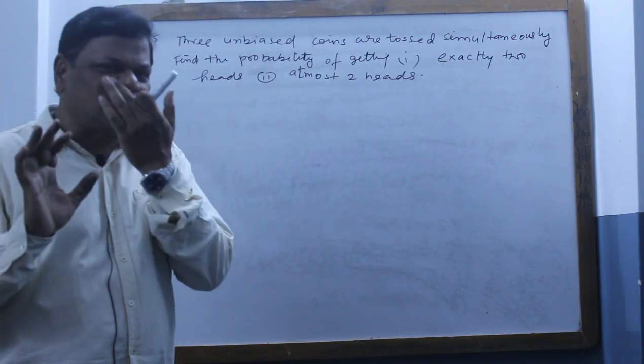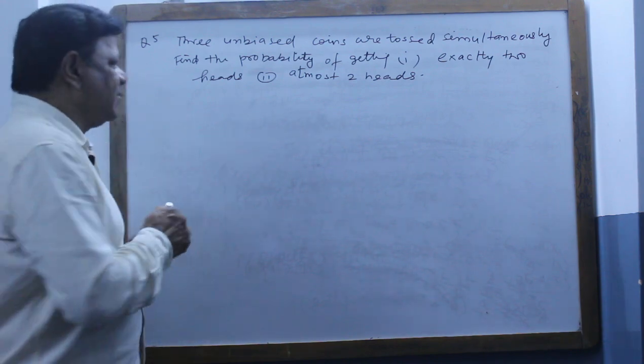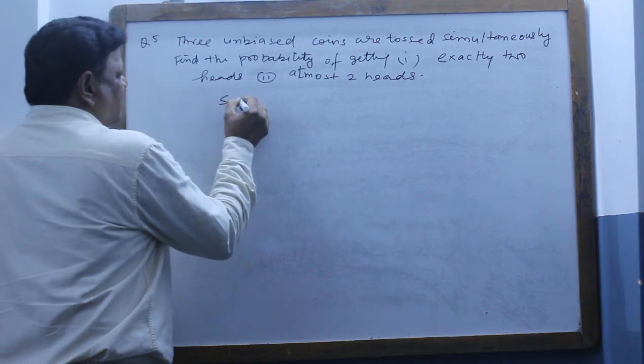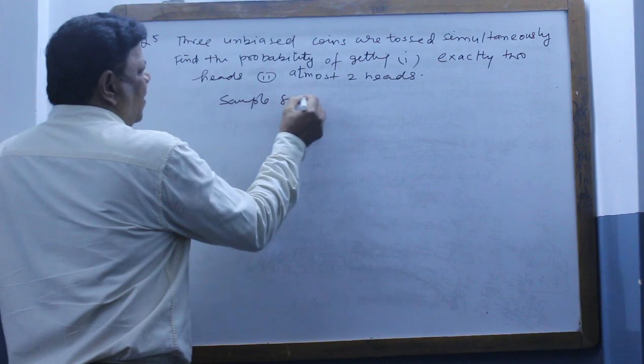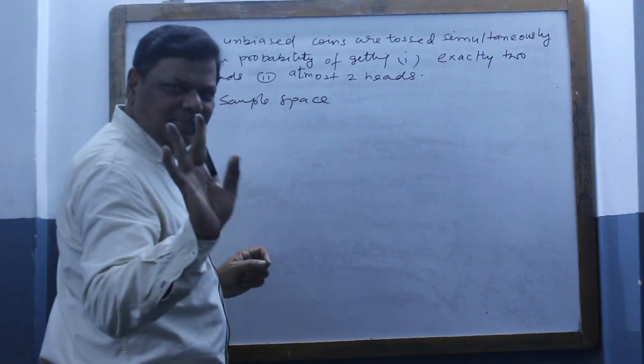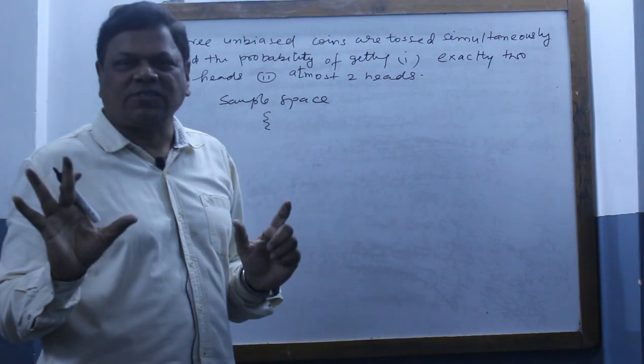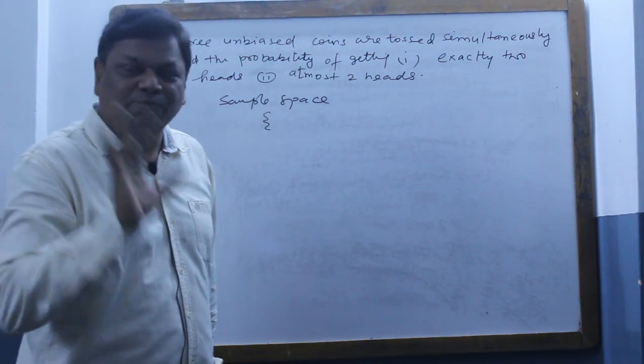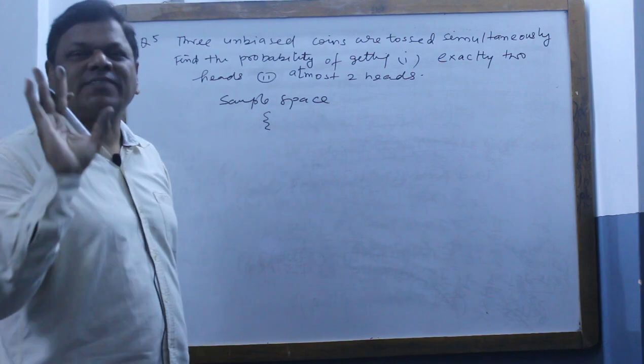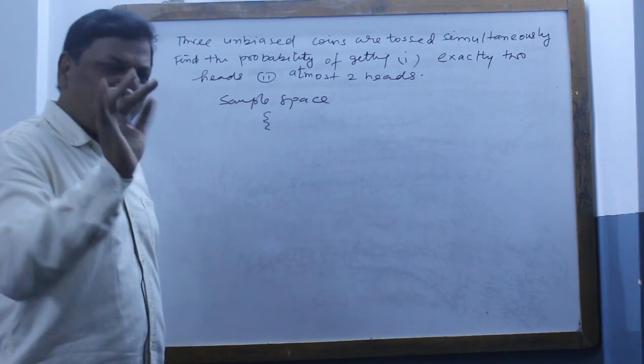If 3 coins are tossed, then what can happen? Sample space, or outcome, same thing. I am writing what can happen when 3 coins are tossed. How to write it is very important. One coin toss, what is coming? Two cases, head or tail.